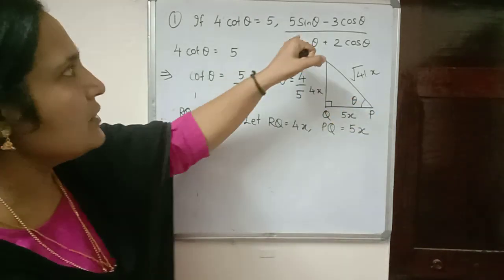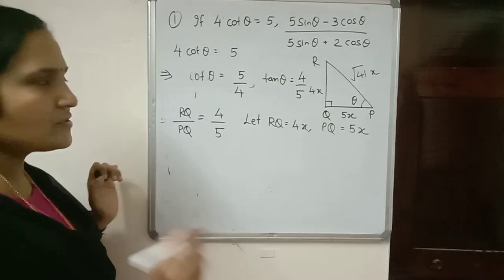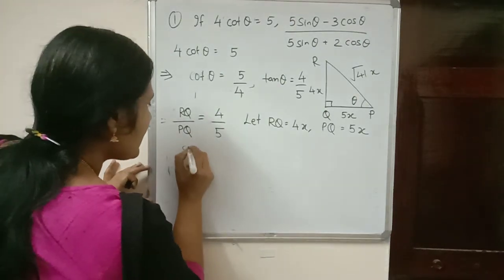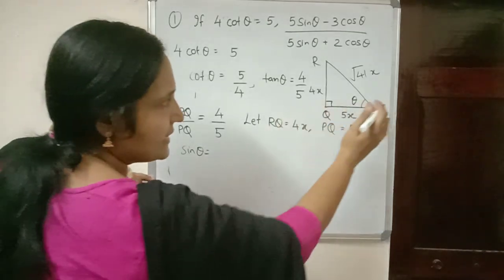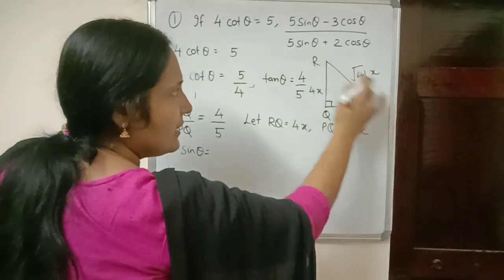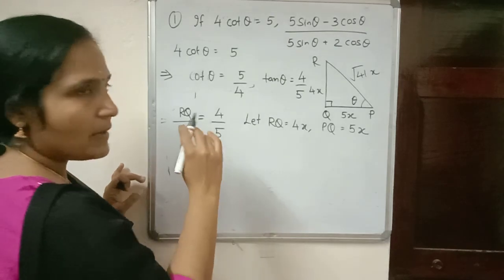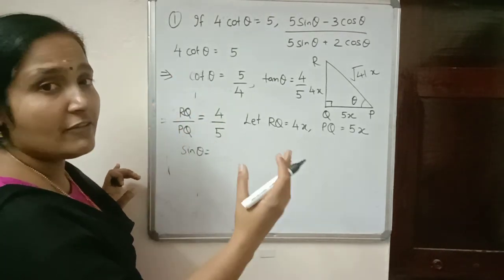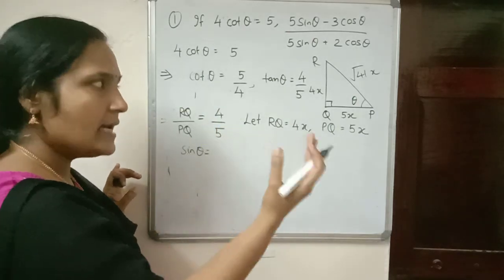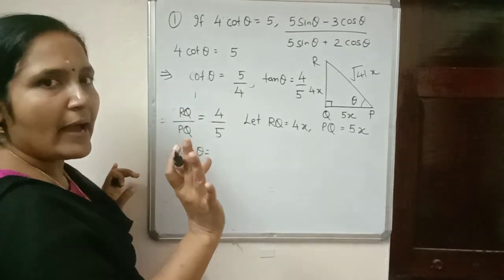Now we need only sin theta and cos theta. So just write down the values there. According to the formula, sin theta is equal to perpendicular by hypotenuse. Exactly, it is side opposite by hypotenuse.